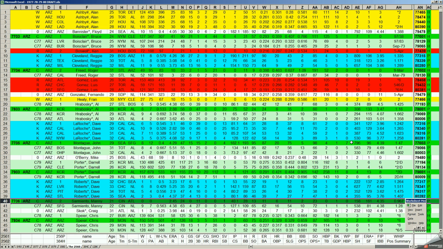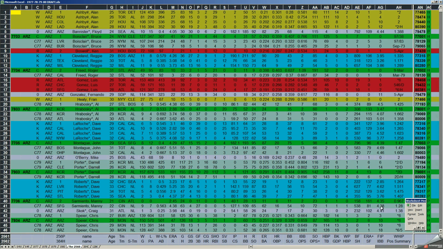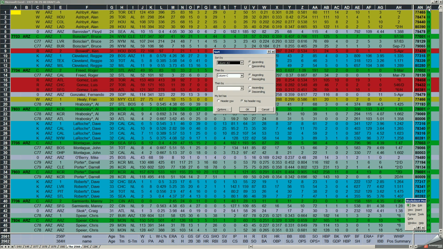So the first step is to select a sort of hitters and pitchers and then separate by the keepers. If that's done, the alphabetizing should be left alone because that has not been interrupted. So I'm going to do a sort of column AO and column C in ascending order.